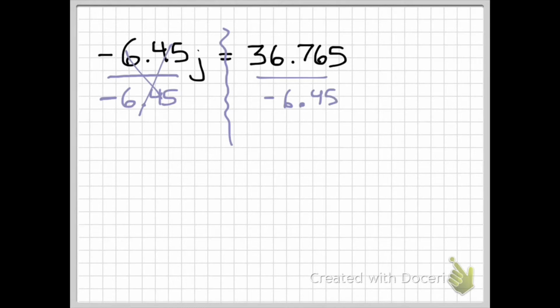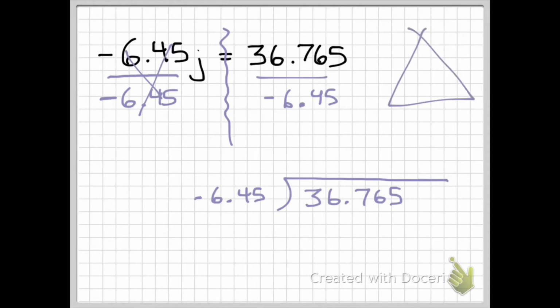All right, so when we're dividing, remember that the bottom number goes into the top number. So this negative 6.45 stays outside. The 36.765 goes on the inside. Now, the one nice thing about this is we go back to our party hat rule when it comes to multiplication and division.